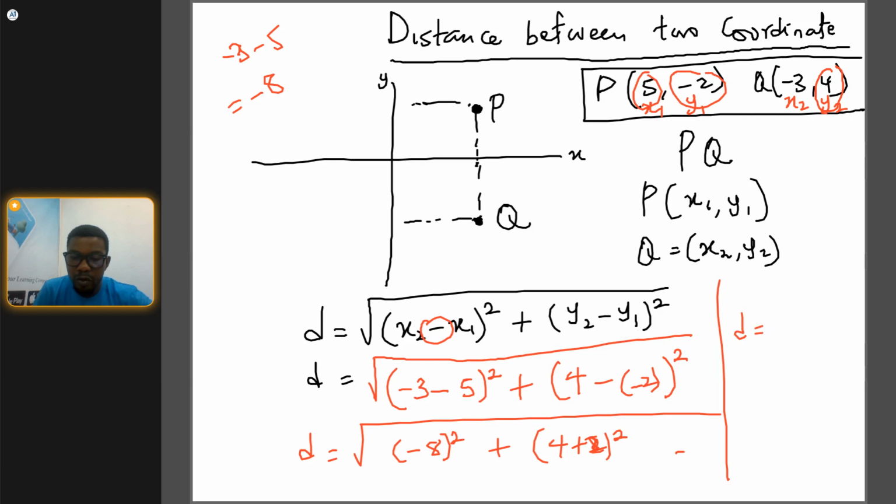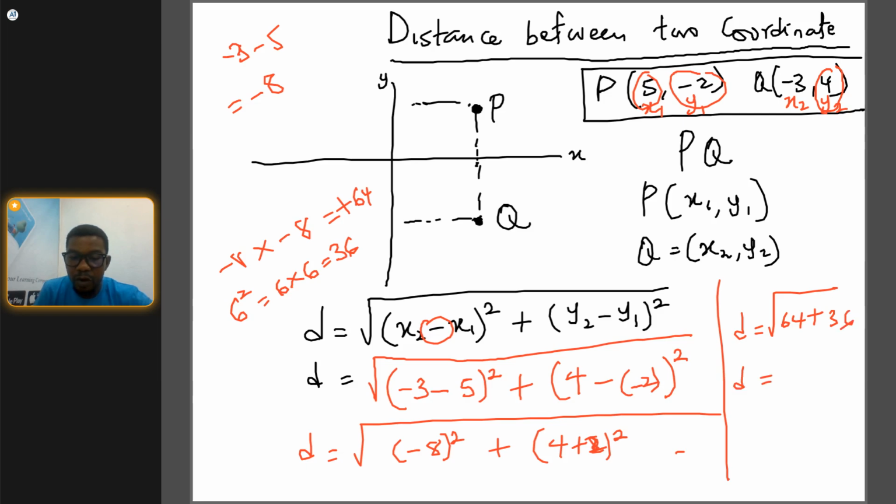D will now be equal to the square root of minus 8 square, which is minus 8 times minus 8. And that will give us minus times minus is plus. 8 times 8 is 64. So we have 64 plus, 4 plus 2 is 6, and 6 square is 6 times 6, which is 36.